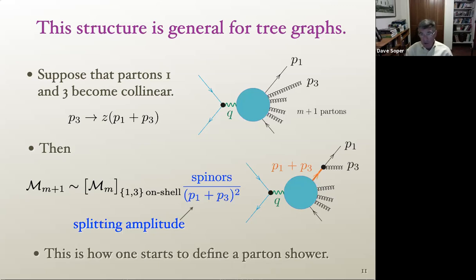There's other graphs in which 1 and 3 do not combine, 3 combines with something else, but there's certainly one diagram in which 1 and 3 just come together and make a propagator with momentum P1 plus P3.